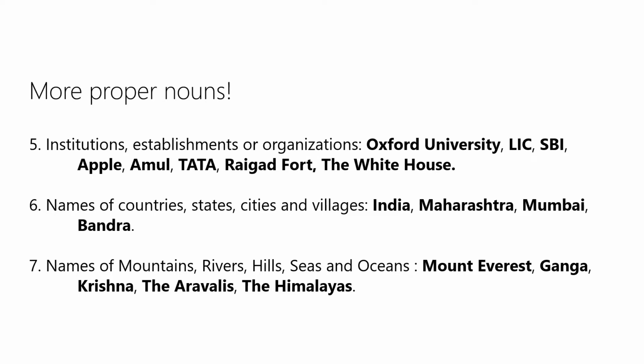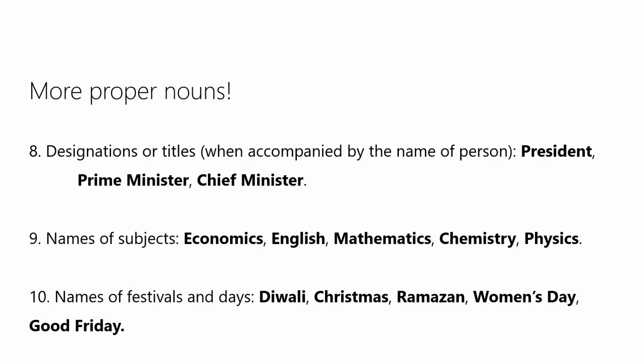Number 6. Names of countries, states, cities, and villages, for instance, India, Maharashtra, Mumbai, and Bandra. Number 7. Names of mountains, rivers, hills, seas, and oceans, for example, Mount Everest, Ganga, Krishna, the Aravallis, the Himalayas. Number 8.